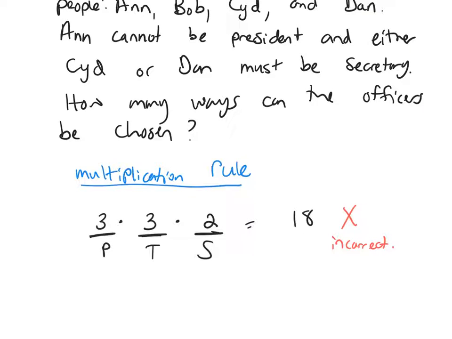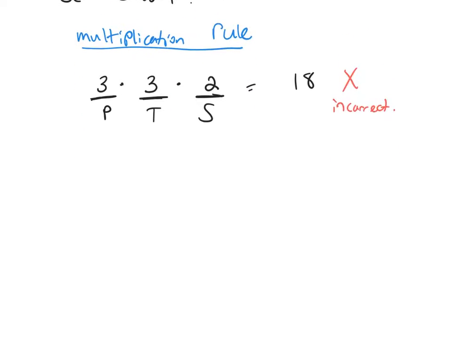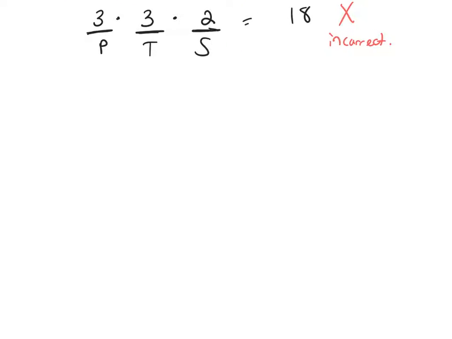Now remember, if we're using the multiplication rule, what we need is that one choice doesn't affect the other ones. To see that this is wrong, you need to think about a possibility tree. So let's draw a possibility tree for this.